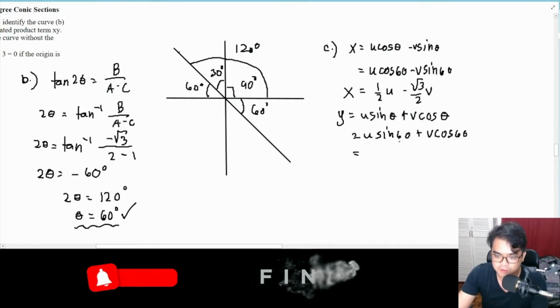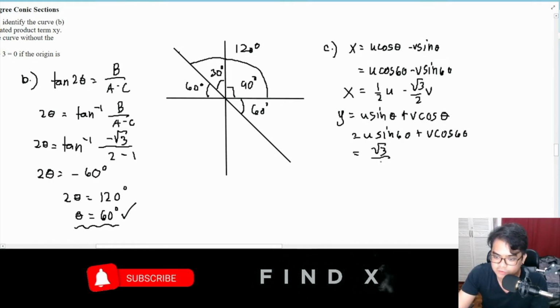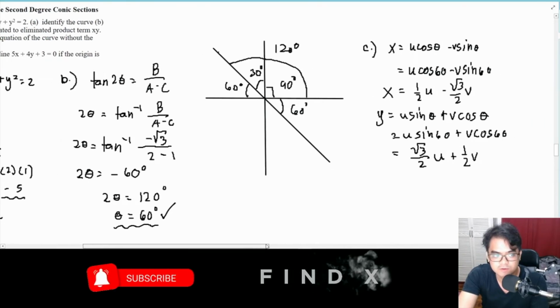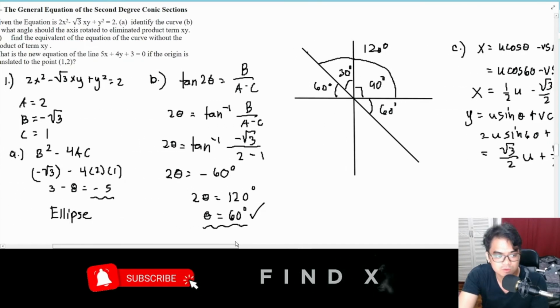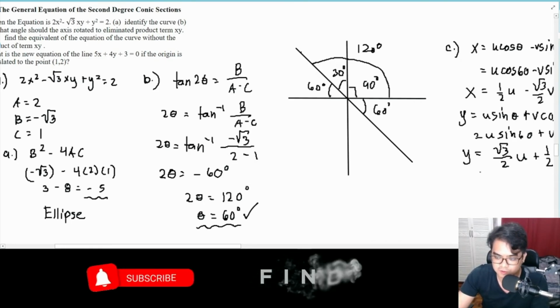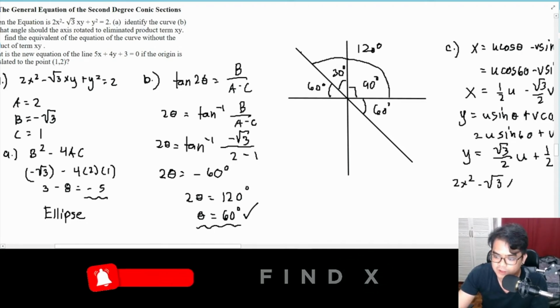And then getting the value of sine 60 and cosine 60, you'll just have square root of 3 over 2 u plus 1 half v. So with that, all you have to do is substitute those values to the original equation, which is 2x squared minus square root of 3 xy plus y squared.